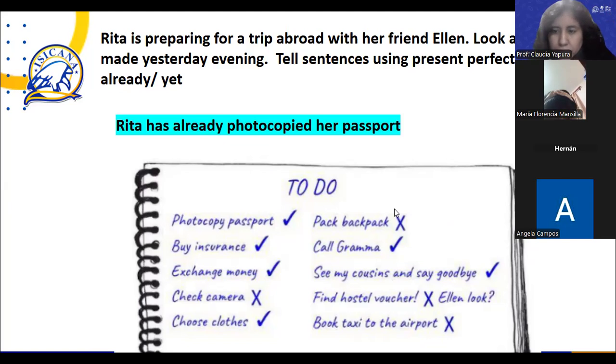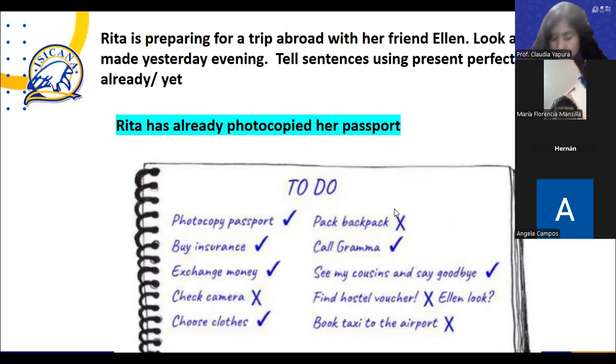Okay. But Rita has already bought, sorry, insurance. Okay, yes, Hernan, you forgot already. Yes, has already bought. Rita has already booked. Great. Yeah. Let's continue, Angel.